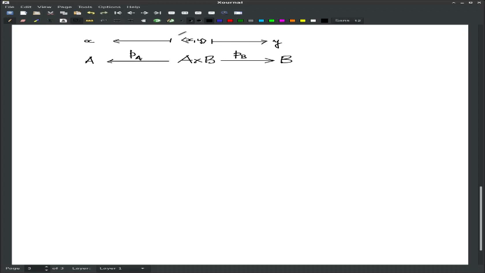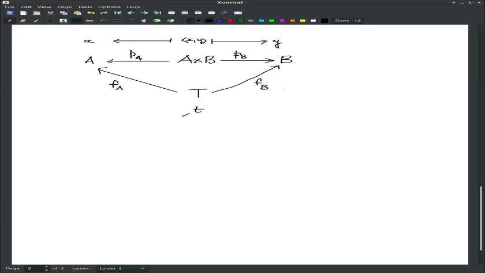Now I have given you another information that there is another set T and there are two more functions. One I have called FA and one I have called FB. Now think of it. What is happening? You take T over here.